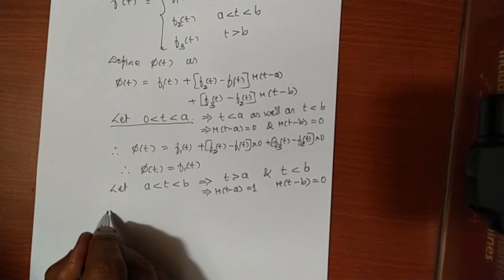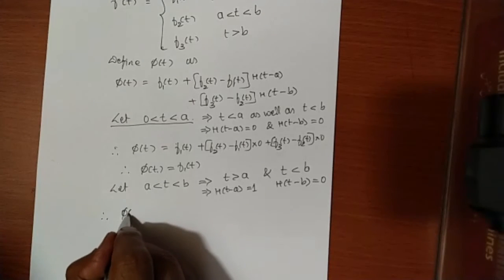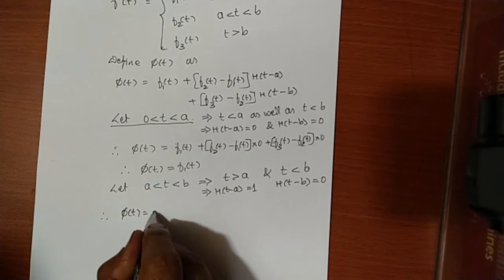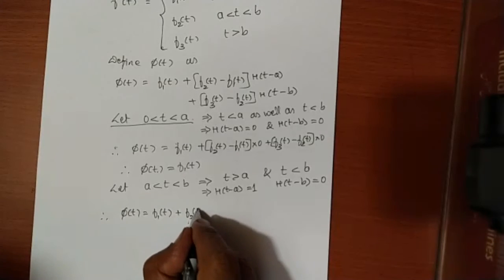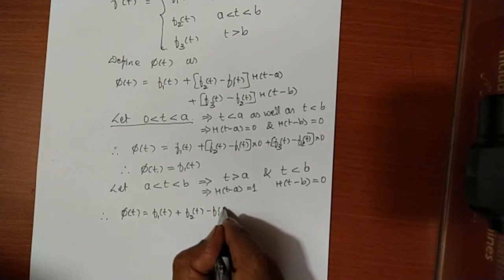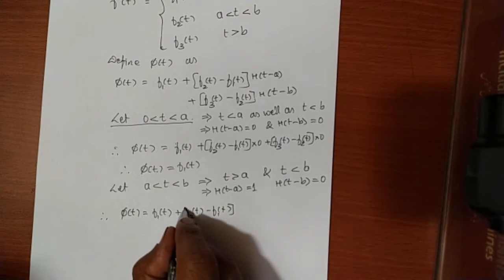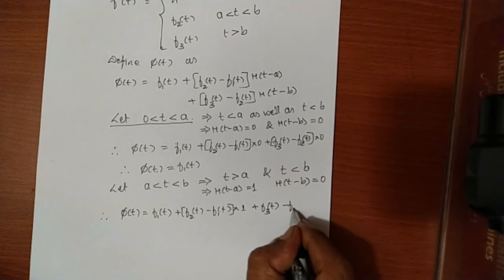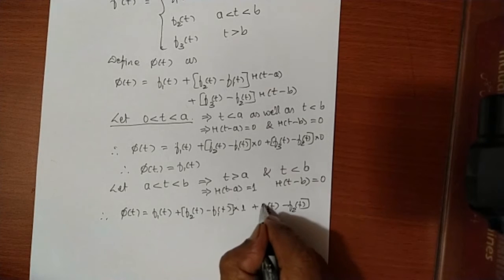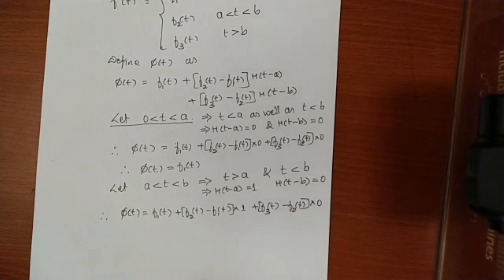Therefore, what will be phi(t) now? Phi(t) will be equal to f1(t) plus (f2(t) minus f1(t)) into 1, because H(t minus a) is 1, plus (f3(t) minus f2(t)) into 0, because H(t minus b) is 0.